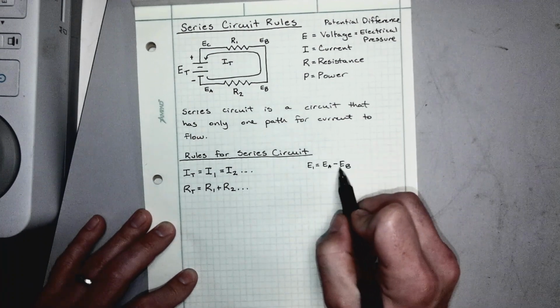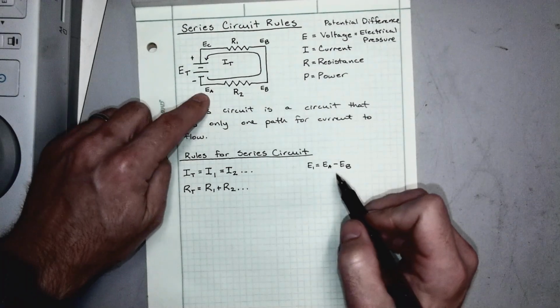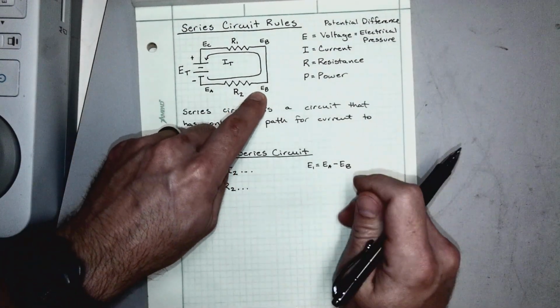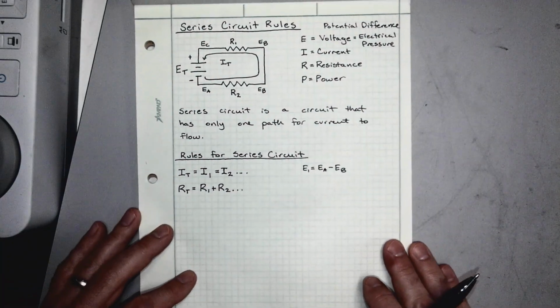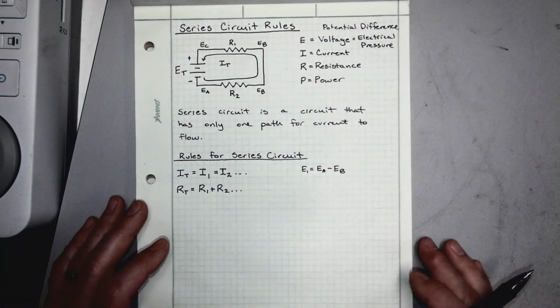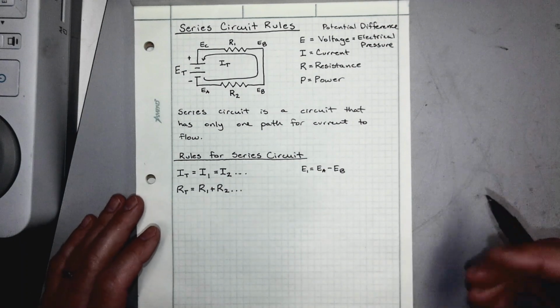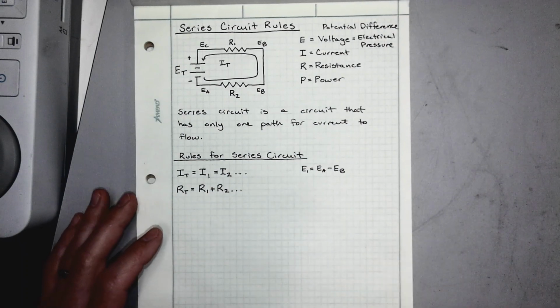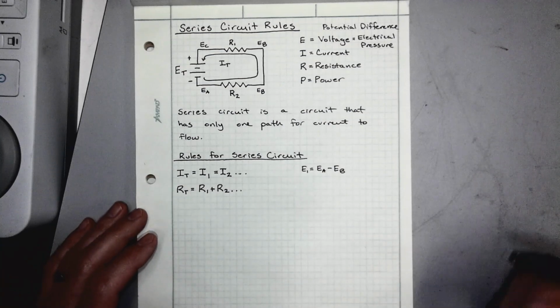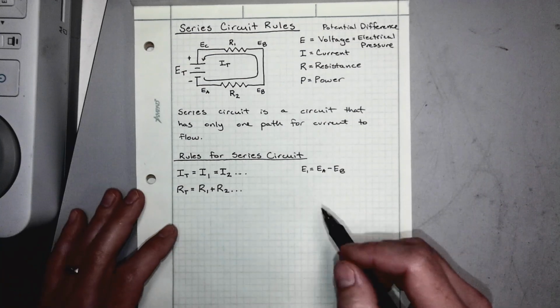And so these are potentials, right? EC is a potential, EA is a potential, EB is a potential. When we say potential, what we mean is the potential to do electrical work, be it through a pump or through a motor or through generating heat. Any of those are doing work or dissipating power.